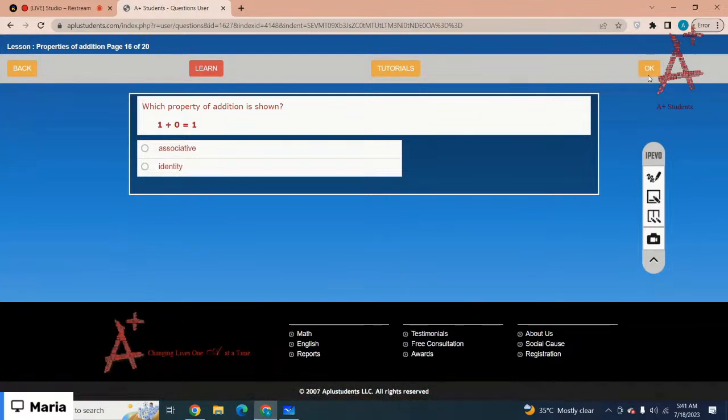Which property of addition is shown? 1 plus 0 equals 1. Adding 0 changes nothing. So this is the identity.